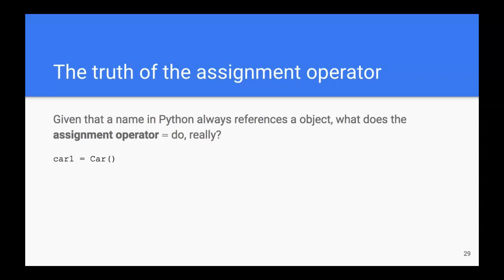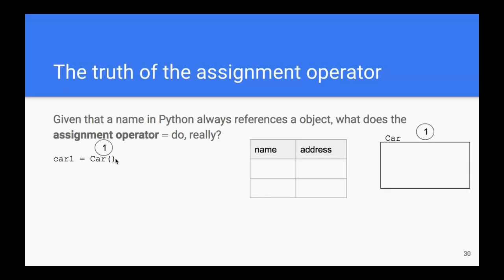So what does that mean, particularly for the assignment operator, the equal sign? What does it really do when we say car1 equals an instance of the car class?